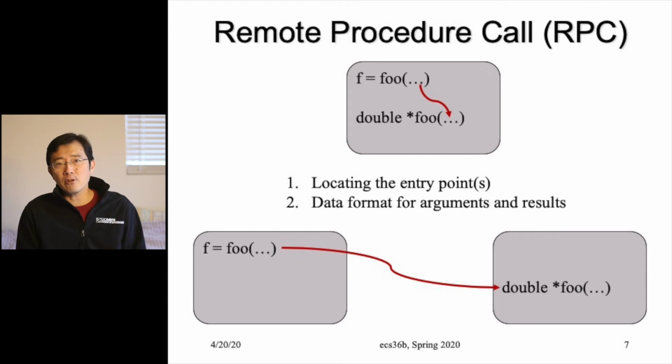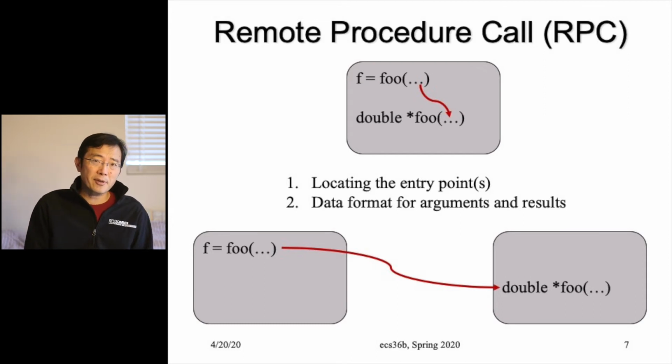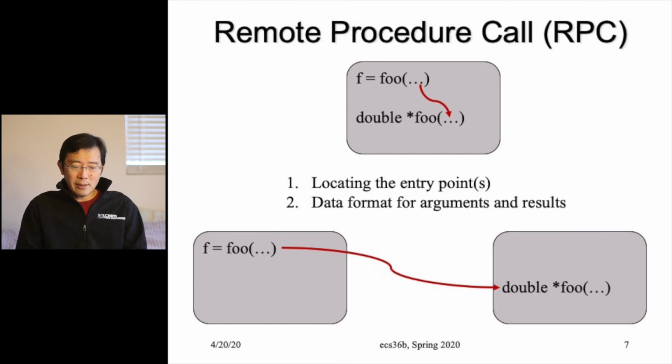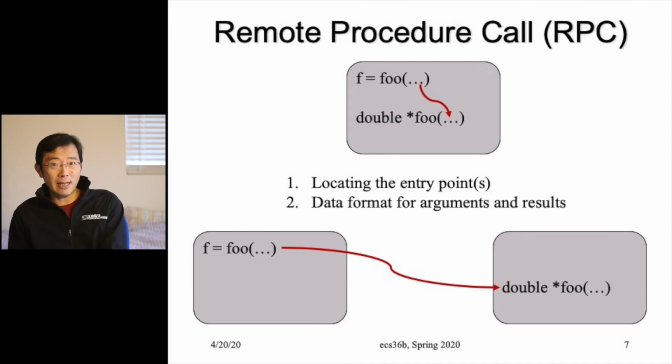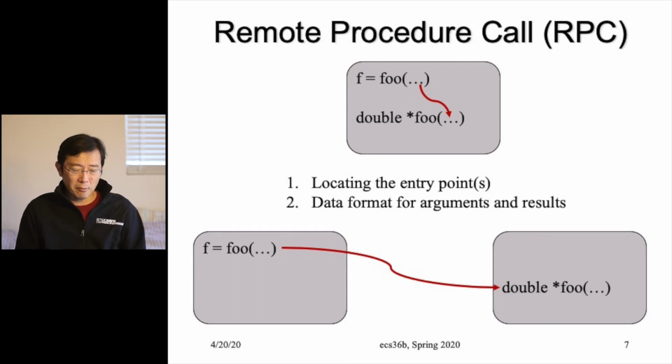Number one, you have to locate the entry points. When I split the caller and callee into two different parts of the world, I have to let the caller know where the callee is, how to access a particular port number on the callee, and which function I actually want to call that resides on the callee on the right-hand side.